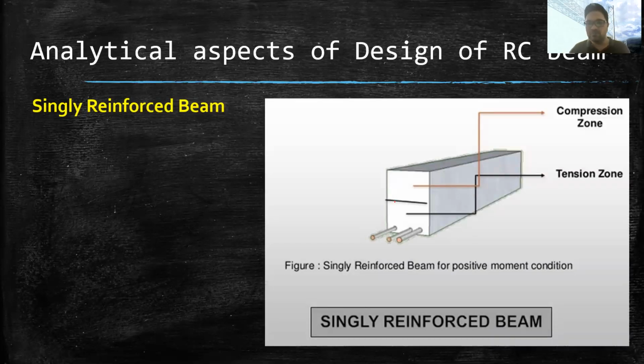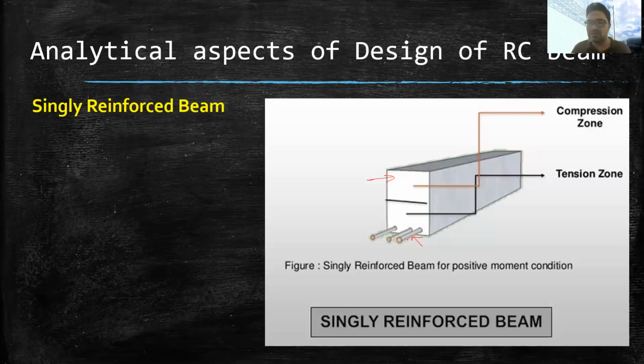Well, you can see this is the analogy of a singly reinforced beam. In the singly reinforced beam, we provide reinforcement in the tension region, while in the compression region we don't provide reinforcement, and we assume that all the compression will be taken by concrete and tension will be taken by the steel.